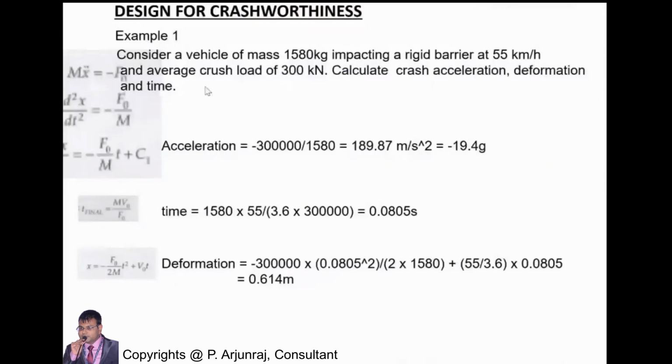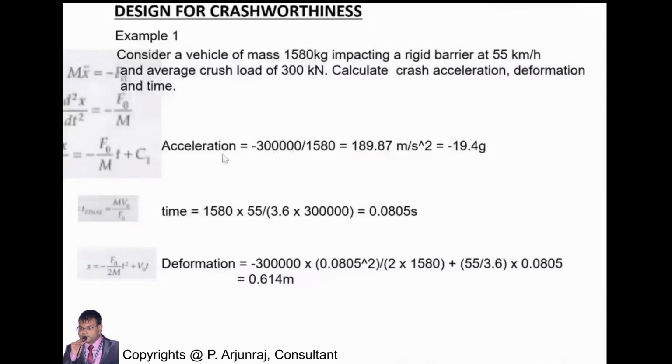Okay, so we know that the acceleration is going to be negative, because you have the crash load acting in a negative direction. That means it should be taken as negative. So here the 300 kilonewton is converted to Newton, so 300 times 10 power 3 Newton divided by the vehicle mass, which is going to be 1580 kg.